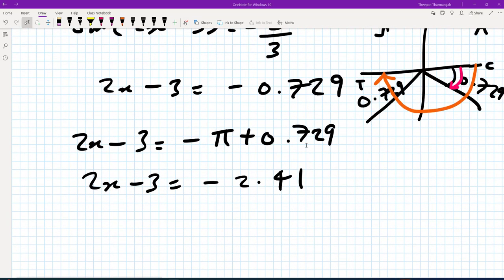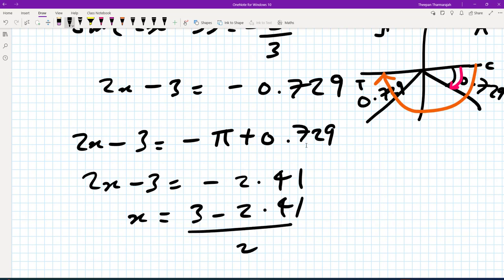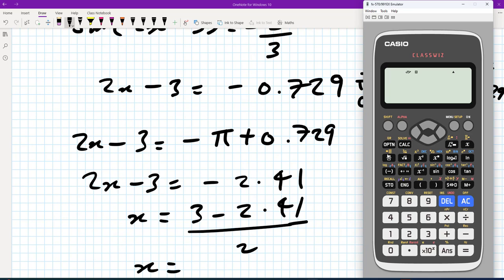So when we solve that, we can say that if 2x minus 3 equals minus 2.41, then x is 3 minus 2.41 divided by 2. So now I'm going to do 3 minus 2.41 divided by 2.